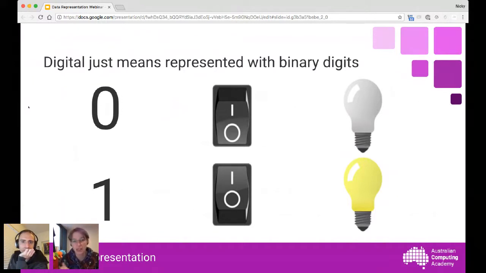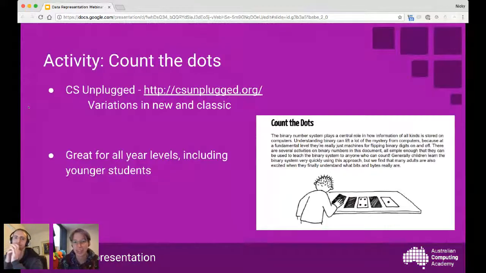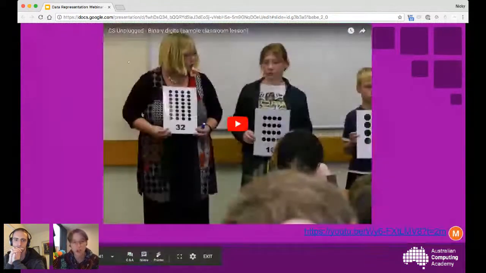So speaking about binary, there are some fantastic activities, again, on CS Unplugged that we want to spruik for introducing the concept of counting in a binary system. Let's see, am I feeling lucky? So just to show you a really quick segment of this.